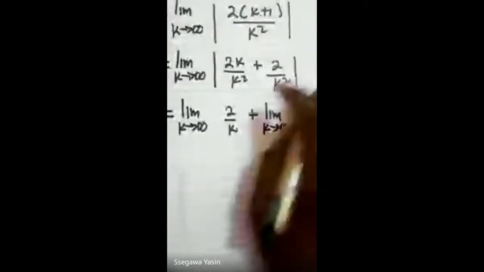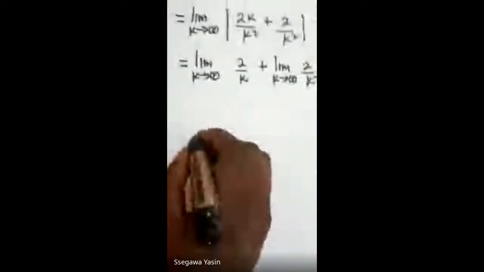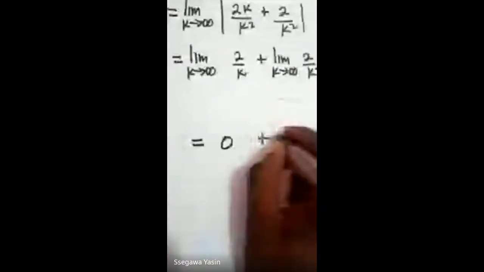So mathematicians, what is the answer? I think this one here will be equal to 0 plus 0, which is 0, and it's less than 1.